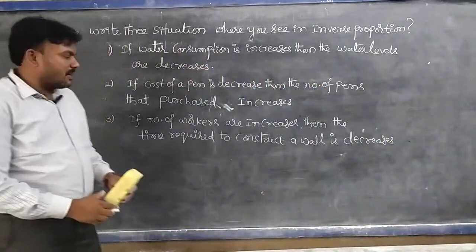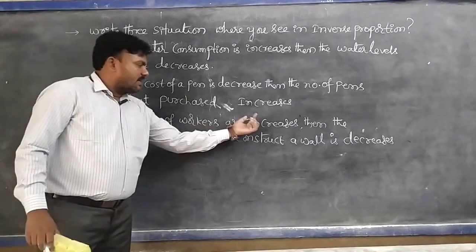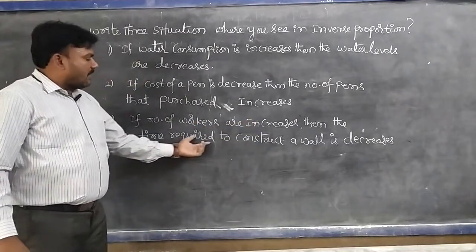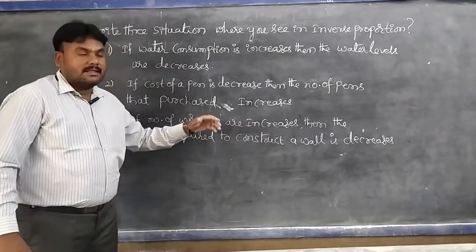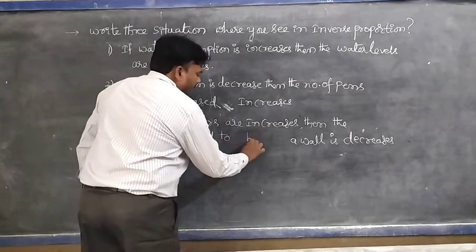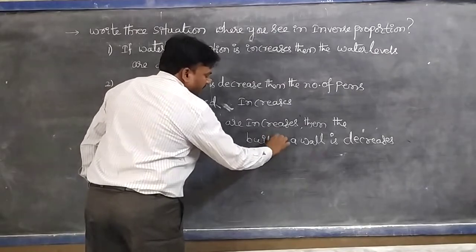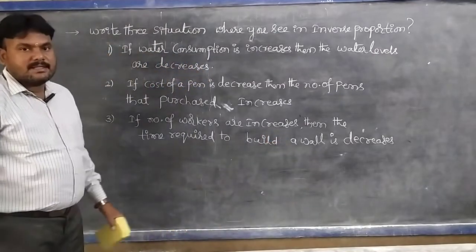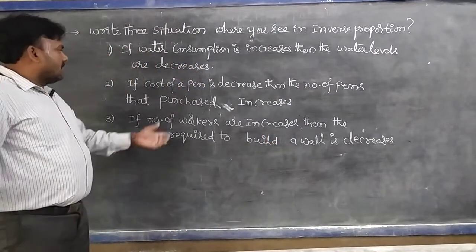Right students, observe carefully. If the number of workers increases, then the time required to build a wall decreases. Okay students, these are three examples.